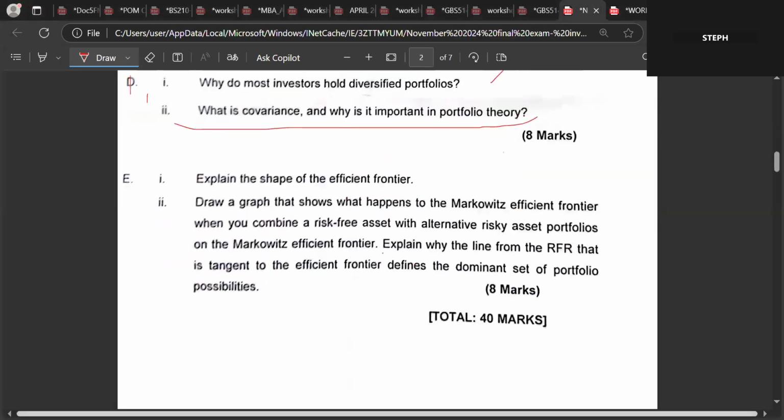Now part E is asking us, explain the shape of the efficient frontier. What is the shape of the efficient frontier first? So first of all, we need to know that this frontier is curved, right?